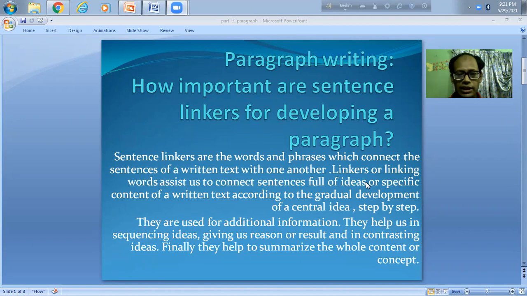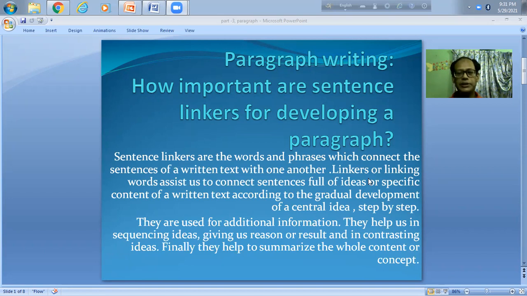Sentence linkers or connectors are words or phrases which connect the sentences of a written text with one another. There are a few sentences, and sentence linkers connect them to make a bridge between those sentences.